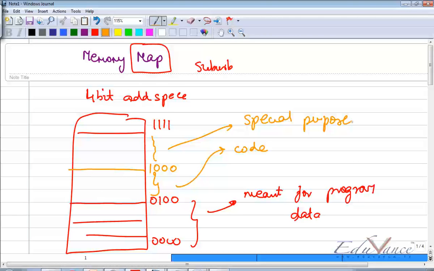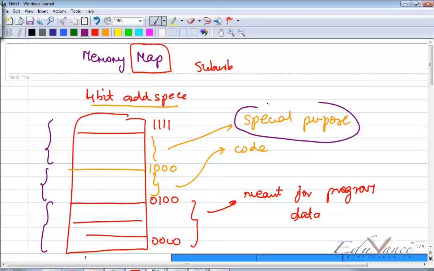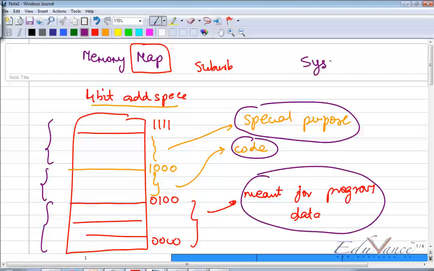Again, this is a very simple example that I'm taking, but what I'm trying to say here is that each region of memory is given a particular special part to play in my entire system. So this concept is called memory map. Again, what does memory map mean?